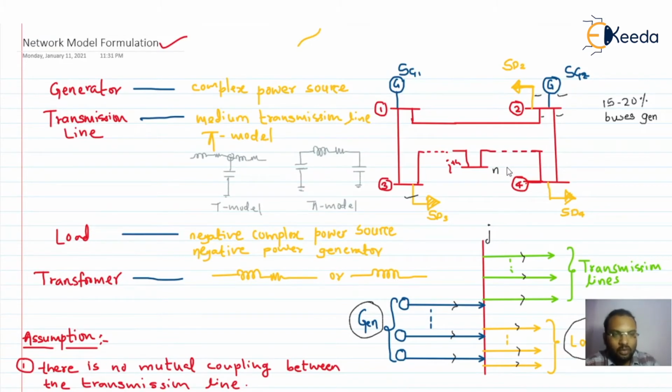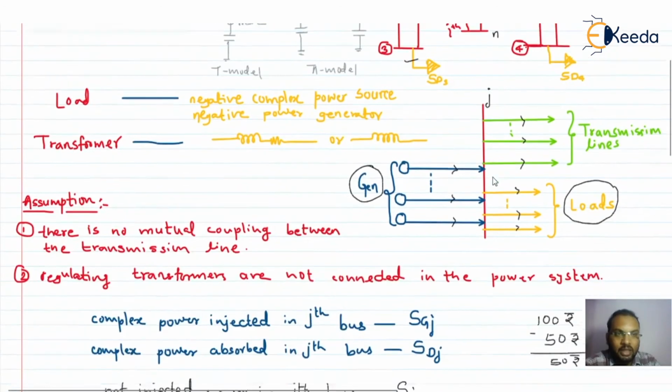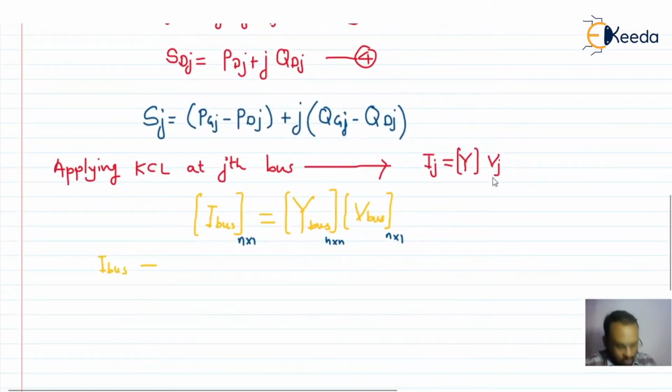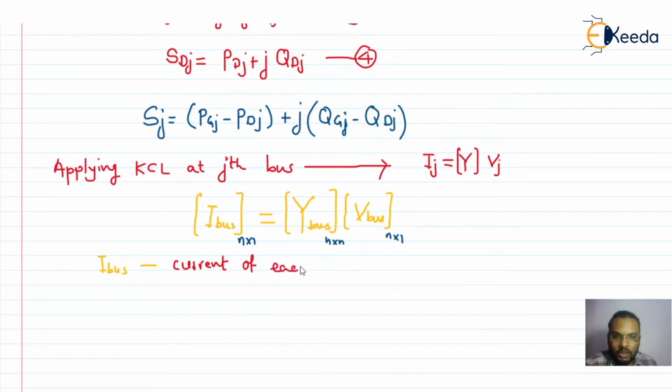So this I bus, a column vector, consists of the bus currents, or the current being injected at each bus.